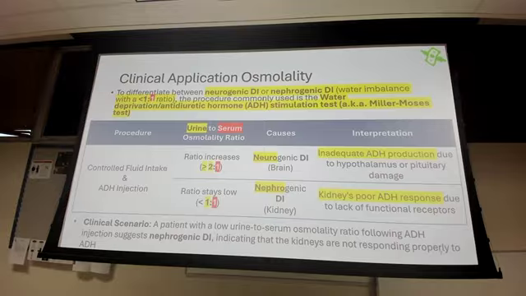So if the urine to serum ratio increases, you're thinking neurogenic, and that is interpreted as inadequate ADH production. If the ratio stays low, we know that's nephrogenic, and that is interpreted as the kidneys are not responding, right? Something going on with the kidneys. Okay, so brain versus kidney.